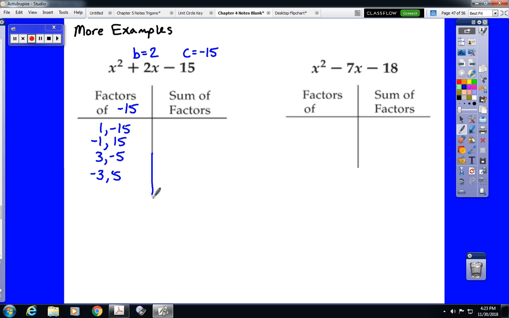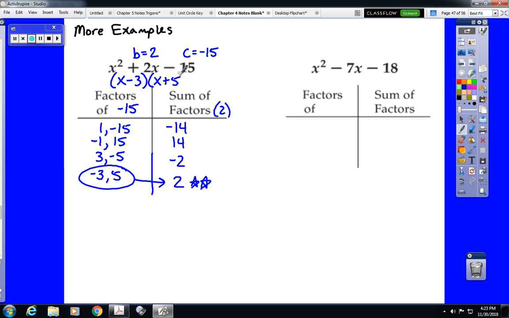Those are the only four options. So we add those up. They would add up to negative 14, 14, negative 2, and the one we're looking for, which is 2. So the numbers we want are negative 3 and positive 5, which means this factors into x minus 3 and x plus 5.